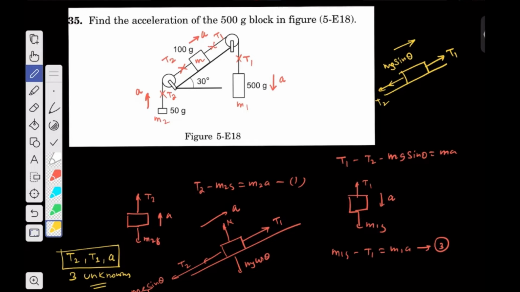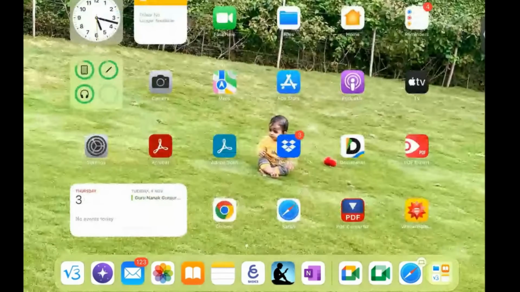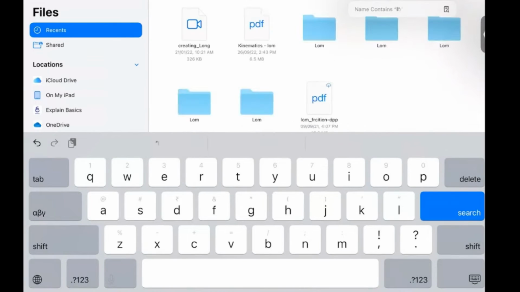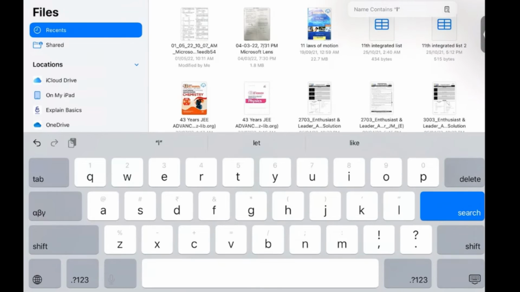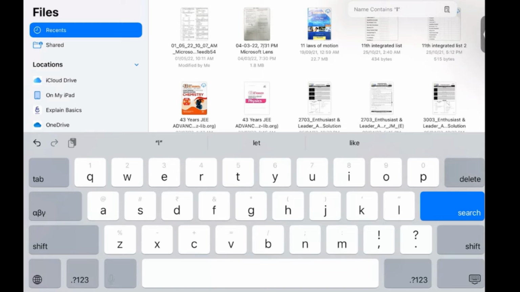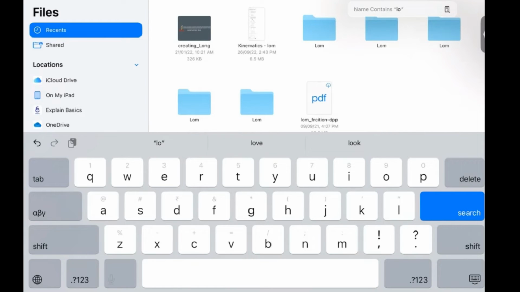Exercise one. Exercise one. Which chapter? Laws of motion. Which module? I don't have all the modules with me. Can you send me the question if possible? It will be easy for me then. Maybe somewhere, but I don't know where I might have kept it.